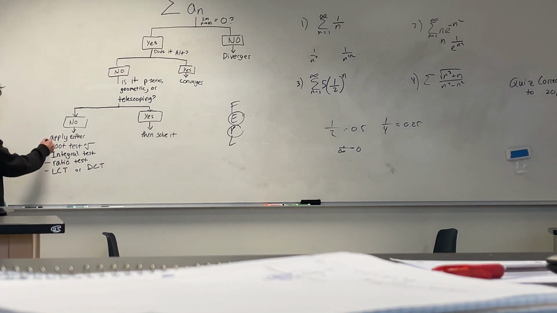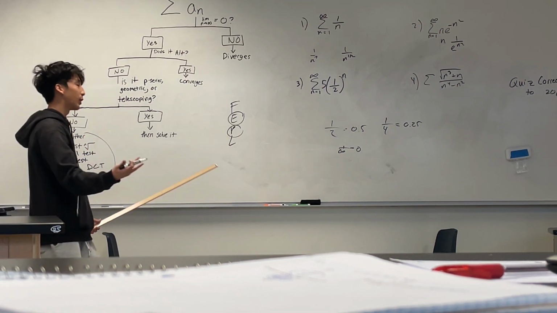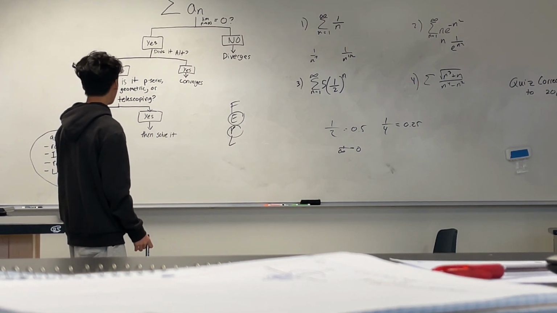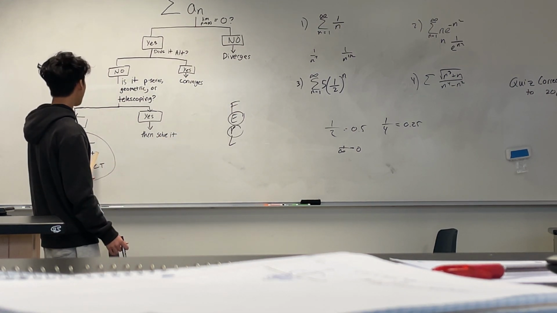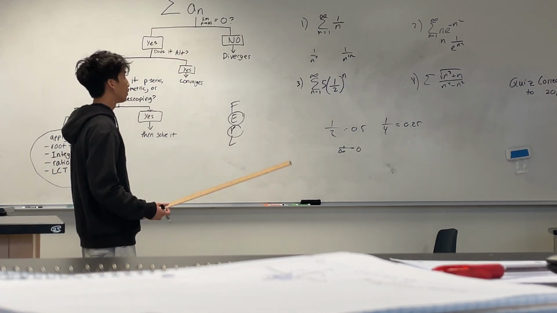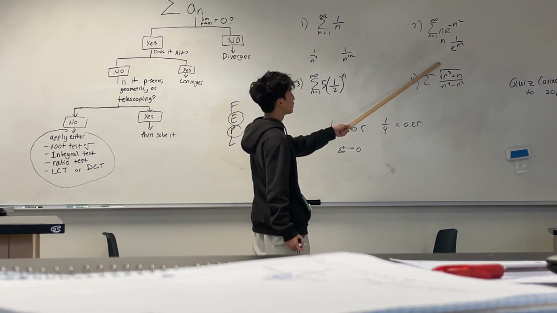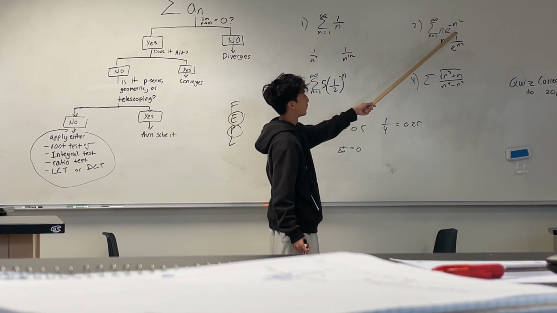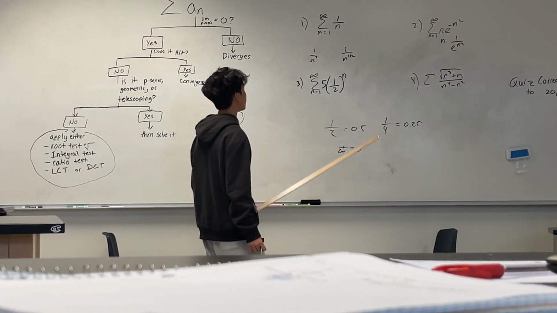Now this is probably one of the tricky parts, because you have to recognize which one to use. With more practice, you guys will recognize it, but for this one, you would apply the integral test. I'm not going to do it, but once you start getting the hang of these problems, you'll recognize that, oh, you need to use the integral test for the problem. You need to use the ratio test. For this one, you'll use the integral test because you have a negative exponent, which makes plugging in infinity a lot easier to work with.